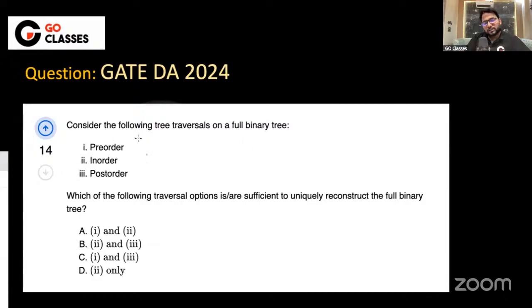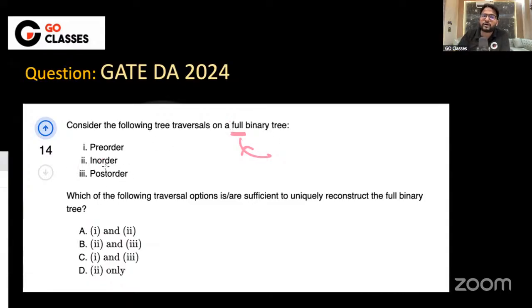Actually, this particular word, full, was missed by almost every student. And there are many students who made it correct, and those were GO Classes students only. Most of the students missed it; even though they noticed it, they did not know the concept.